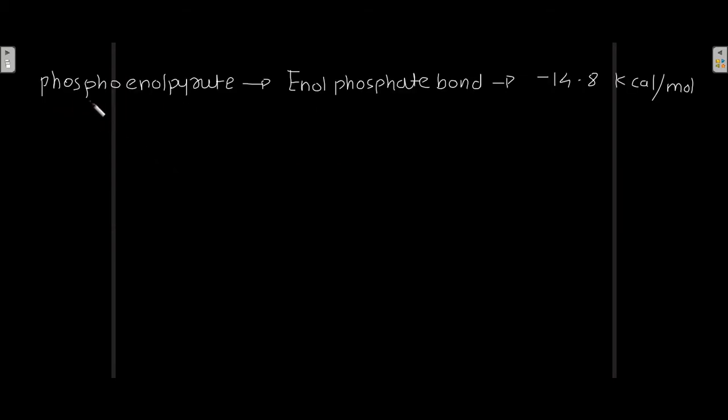Now this phosphoenolpyruvate has an enol phosphate bond and the standard free energy of that bond is minus 14.8 kilocalorie per mole. Okay, when you break this enol phosphate bond of phosphoenolpyruvate, you will get 14.8 kilocalorie per mole.